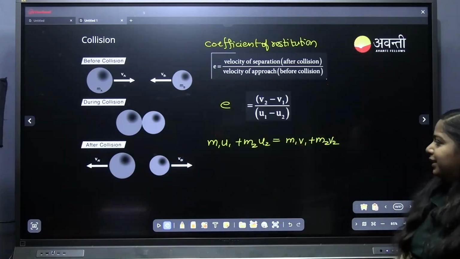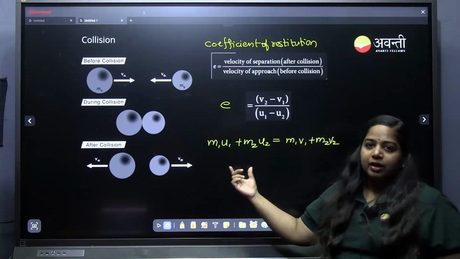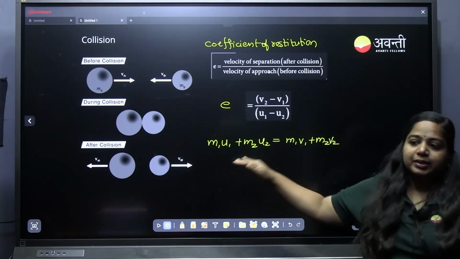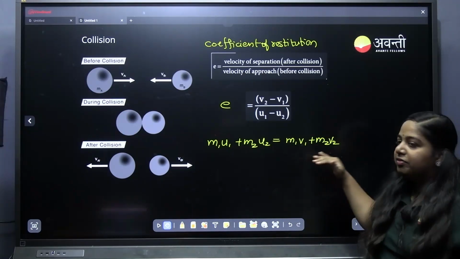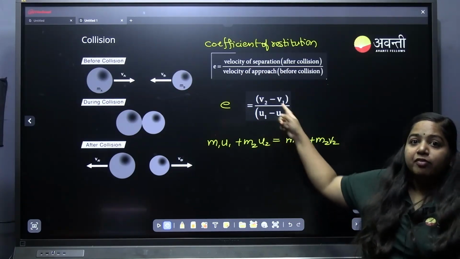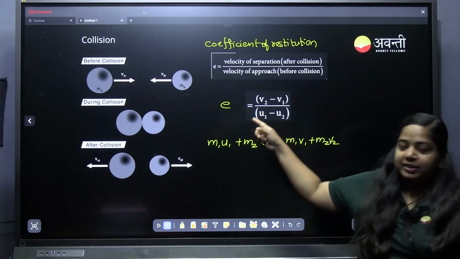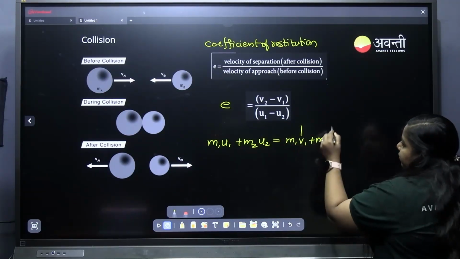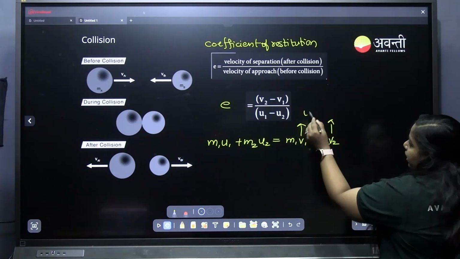So what I was saying is, from conservation of momentum, we already have this equation m1 u1 plus m2 u2 equal to m1 v1 plus m2 v2. Along with this we are having one more equation. As you know, we have only two unknowns, v1 and v2.